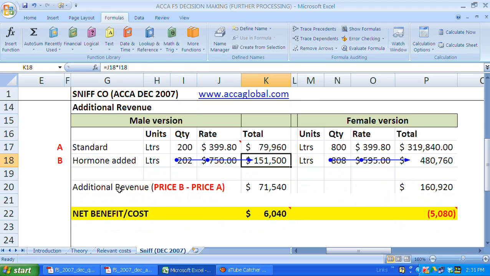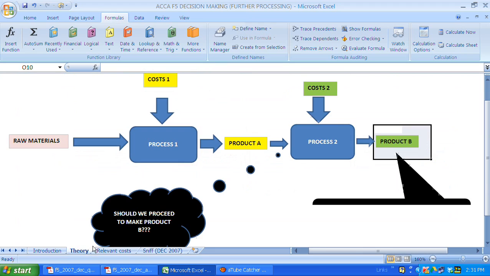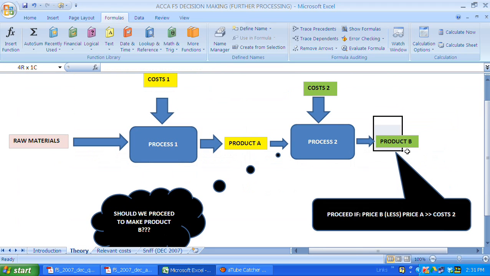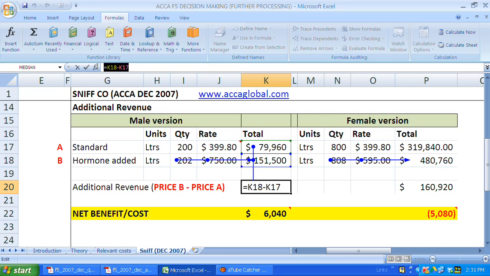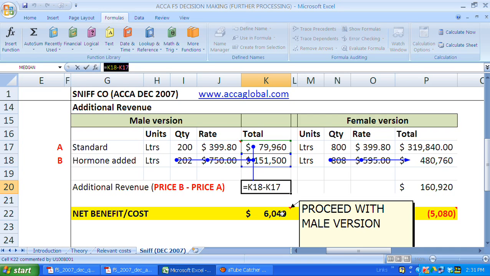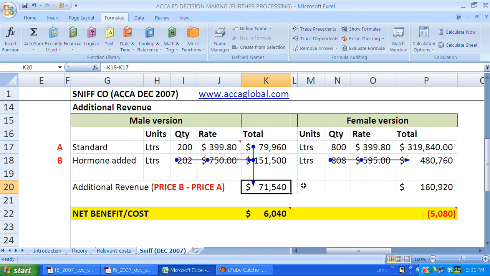So now we want to find the additional revenue. Remember from the theory, the additional revenue is the price of B less the price of A. So what's the difference? As you can see in my formula right here, I'm subtracting price of B minus price of A, the additional revenue.